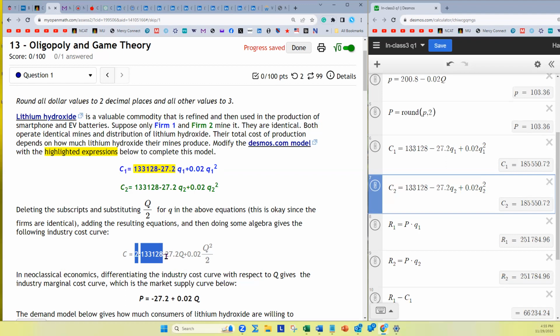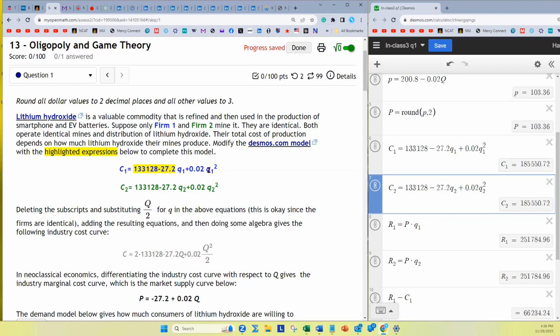And then the next part is 27.2 times big Q. In this part, we're adding them together, which results in 27.2 times 2. But then we're making the substitution here, big Q divided by 2. So the 2's cancel, and we end up with the linear term here, minus 27.2 big Q.